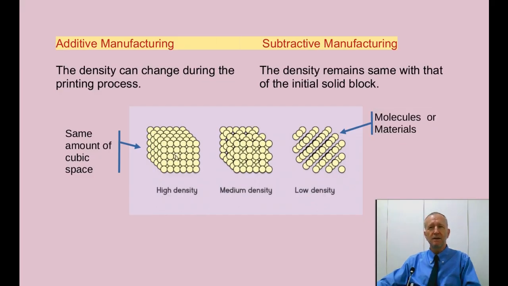So the more I can squeeze into that space, the higher the density. This is compared to these two, that would be a medium density. And of course, the last one here is a low density. The molecules or materials depend on what size cube you're looking at. So there we go, from high density to low density. And again, that word is density.